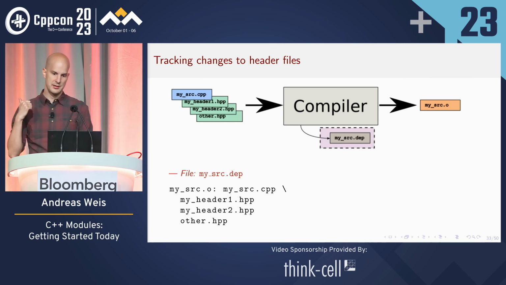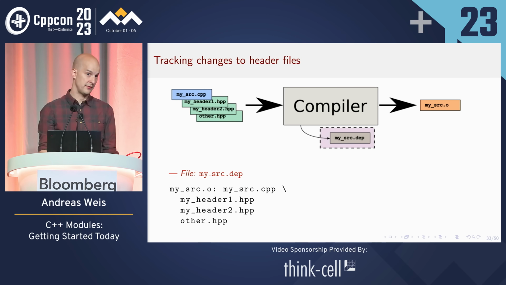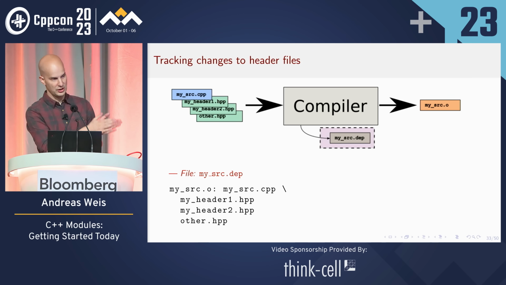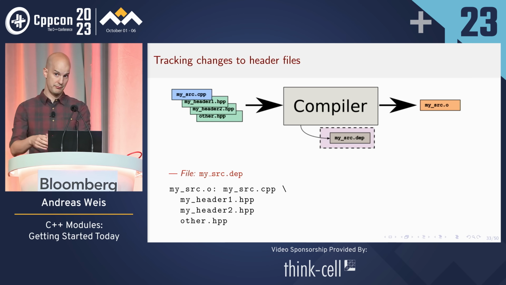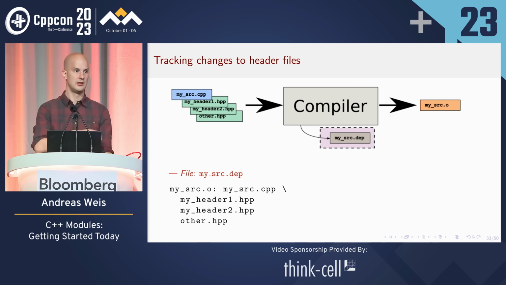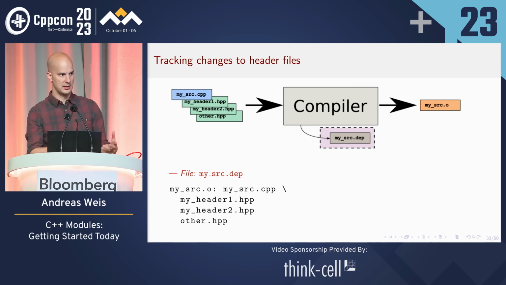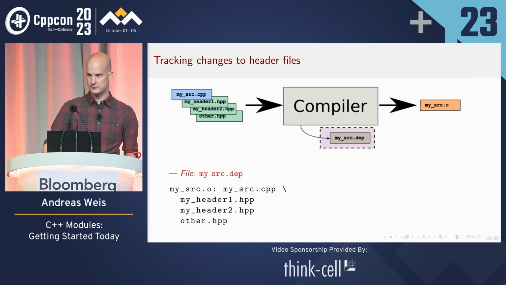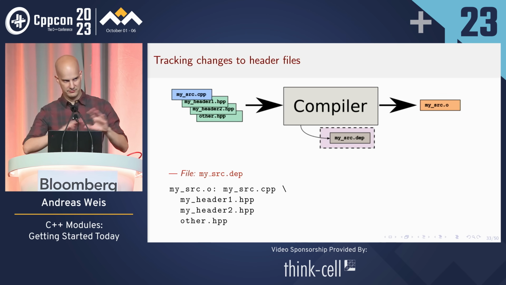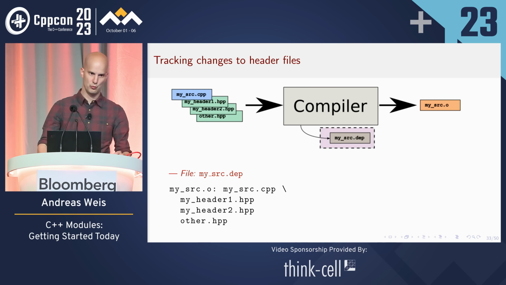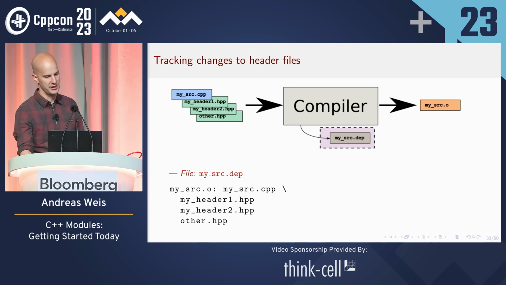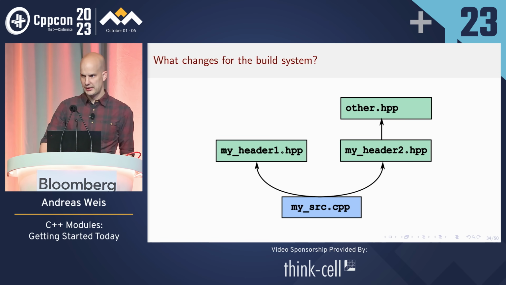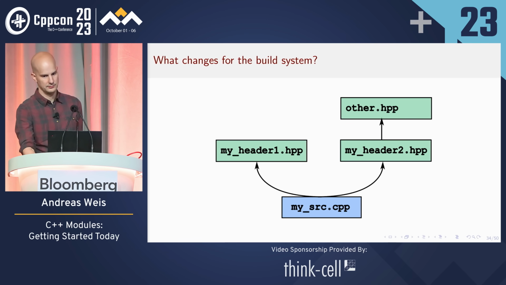And it will write out this dependency file that we see at the bottom as a byproduct of the build, right? When I say byproduct, I mean this is not something that is actually needed to finish building the binary. This is produced to help the build system figure out what the dependencies are and how to do the incremental build. This is, in very general terms, the job of the build system in a header-based build. So what changes now if we switch to modules?